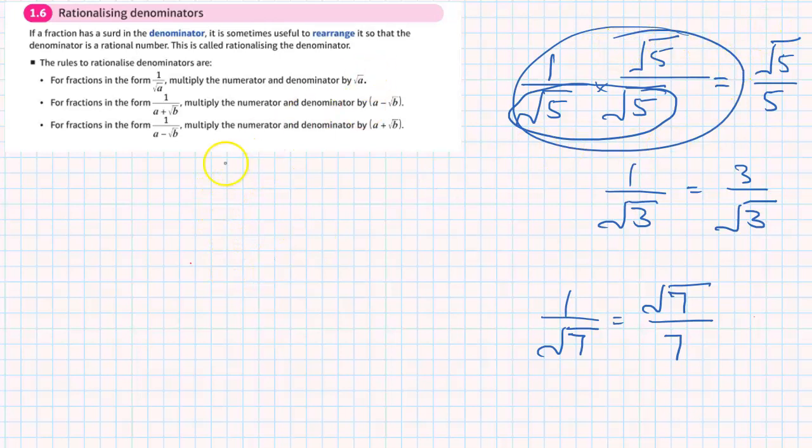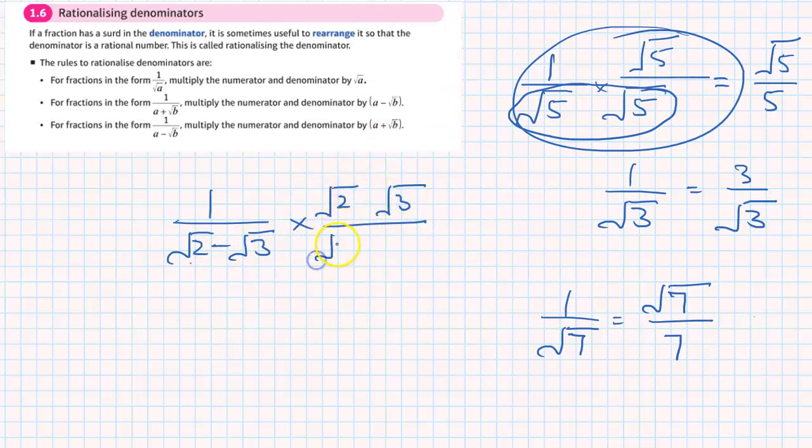Another thing is, if the number is in this form, root 2 minus root 3, we divide and multiply by the same numbers, root 2, root 3, but always remember, change this sign.